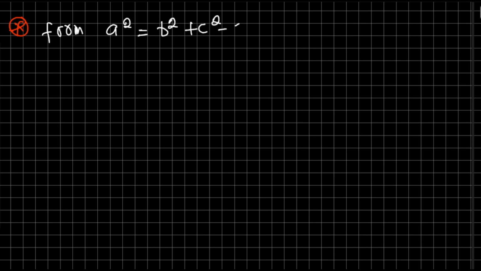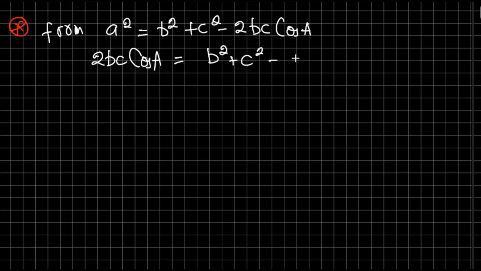If we make the angle the subject of the formula, for example from a square equals b square plus c square minus 2bc cos A, we add 2bc cos A to both sides and subtract a square from both sides, so we have 2bc cos A equals b square plus c square minus a square.